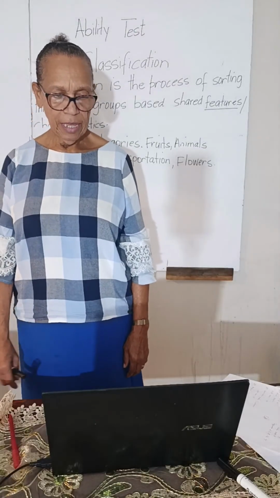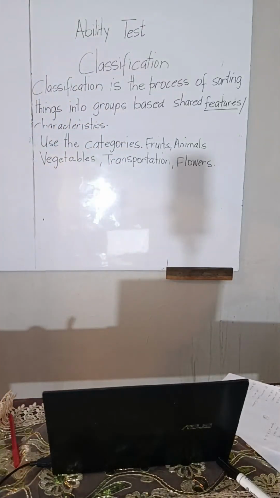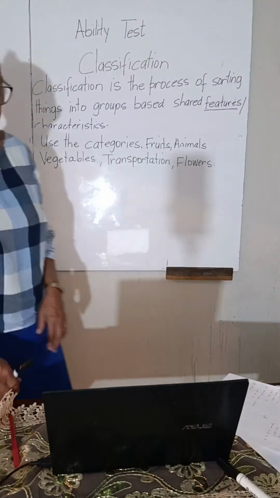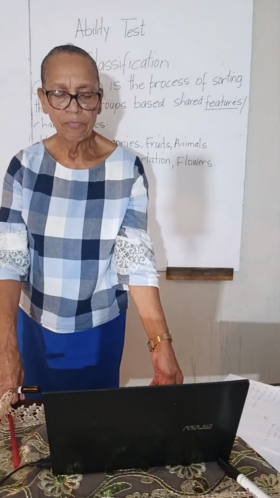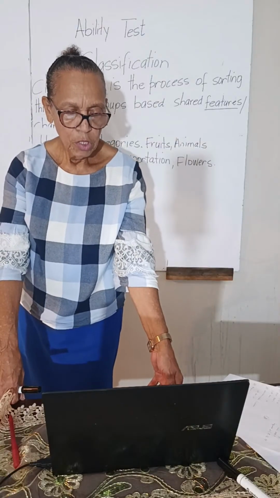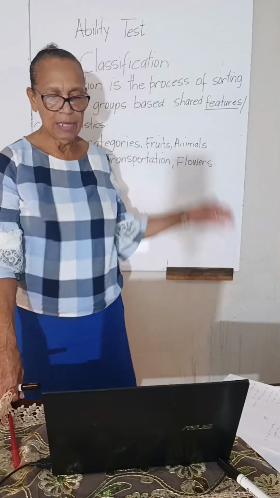All right, let's go over them again. Number 1, a mango is a type of fruit. Number 2, a lion belongs to the category of animal.